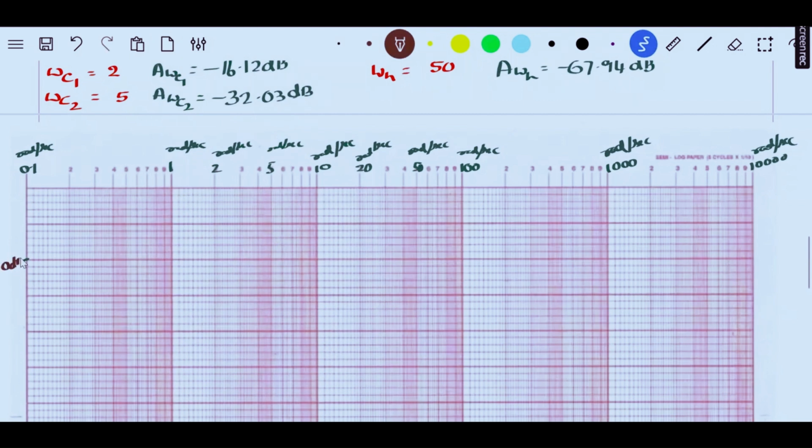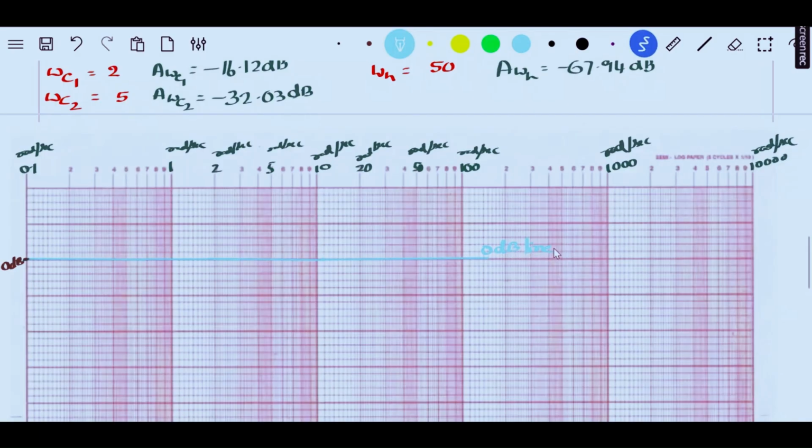Now I'll draw a small line for 0 dB, which is very important. So this is 0 dB line.